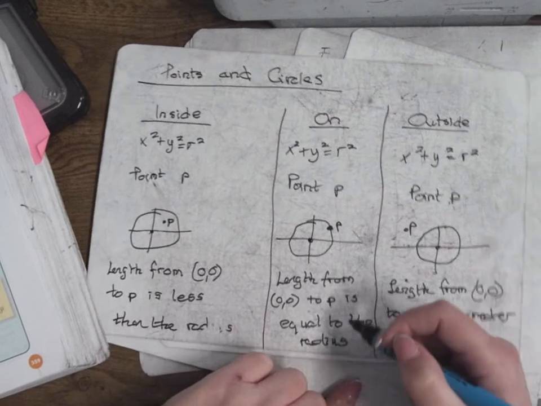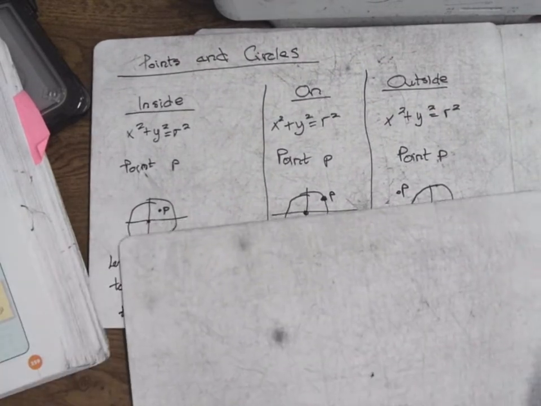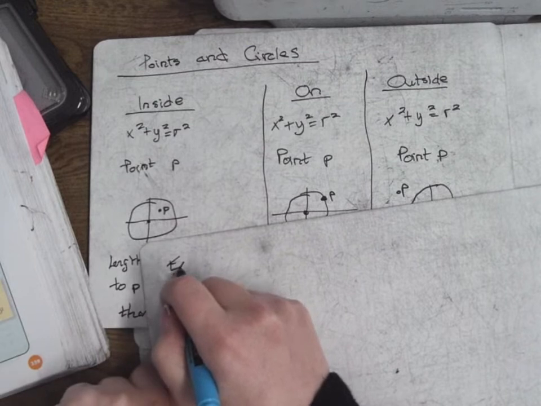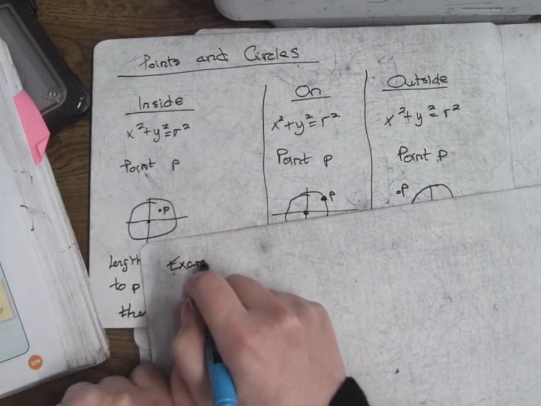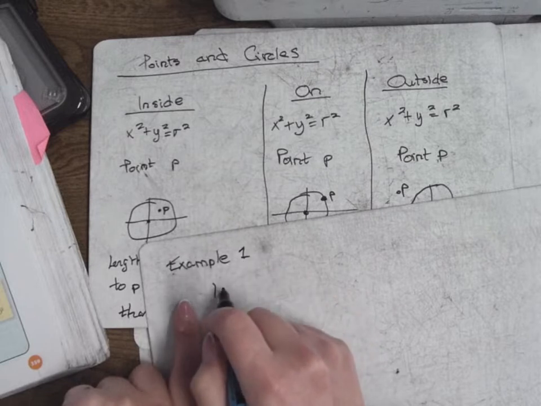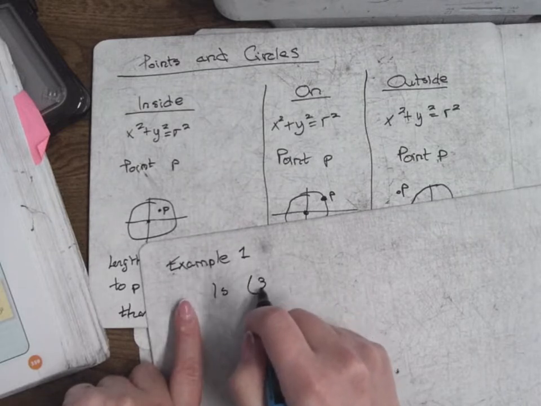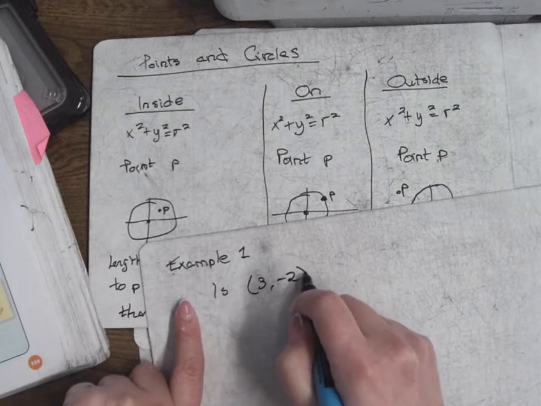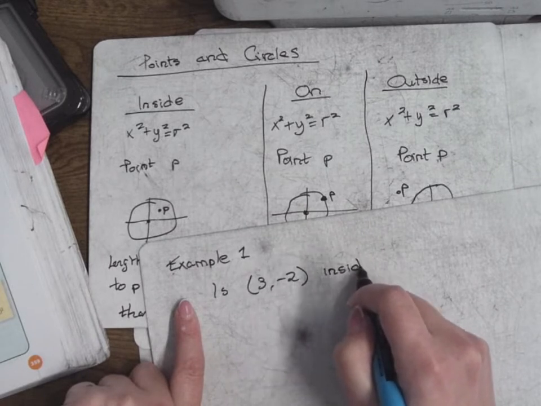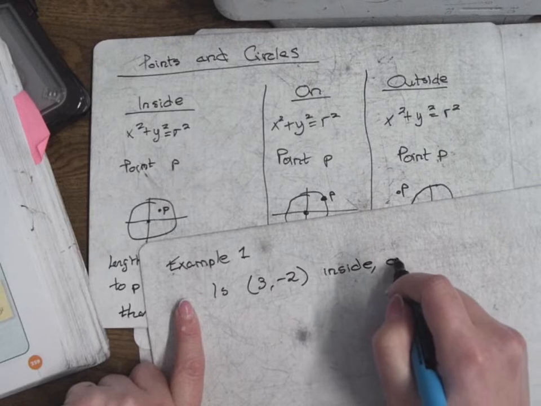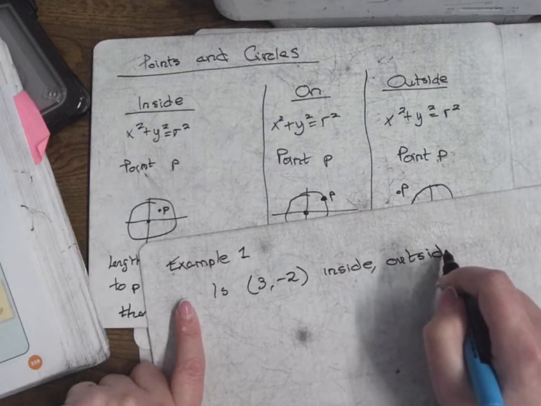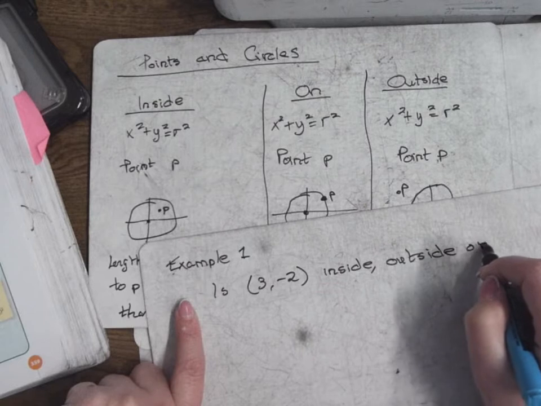Okay, so example. Is 3, minus 2 inside, outside, or on the circle?